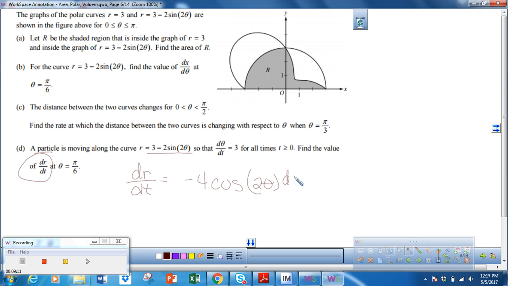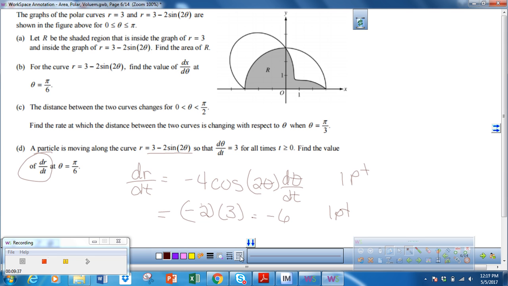And because I'm looking for dr dt, I have to do d theta dt. So you got 1 point for this, for using chain rule. And then the answer is going to be negative 2 times 3. The answer is negative 6, and you got 1 point for that.